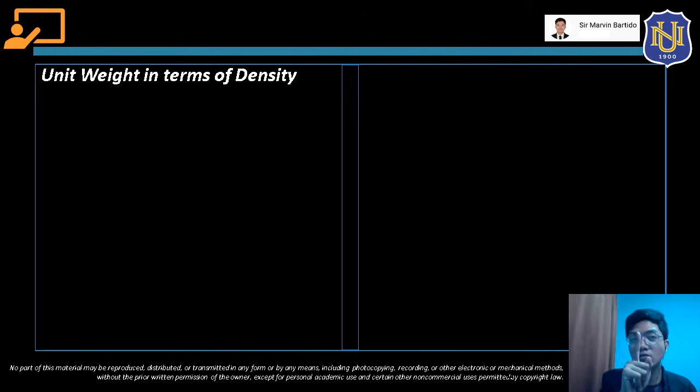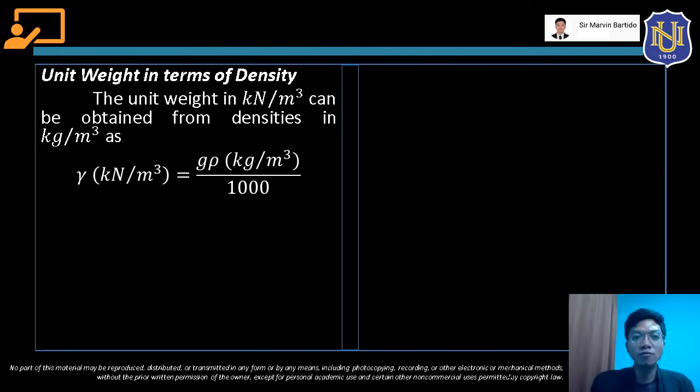Right? We can convert the mass into weight by multiplying the mass by the acceleration due to gravity, or G. So, therefore, class, when we multiply our density by the acceleration due to gravity, it will become unit weight. So, therefore, class, our unit weight is equal to the density multiplied by the acceleration due to gravity, which is G.